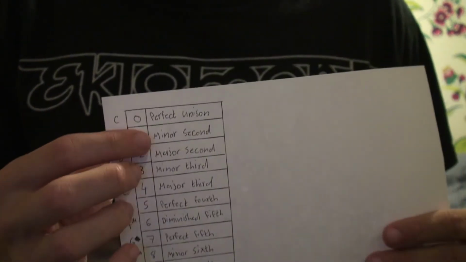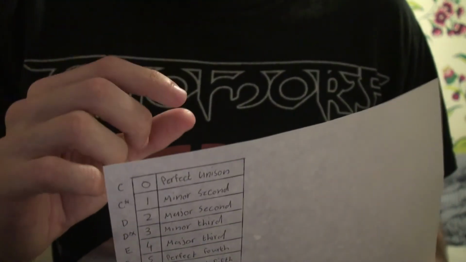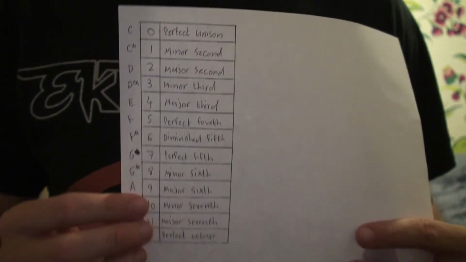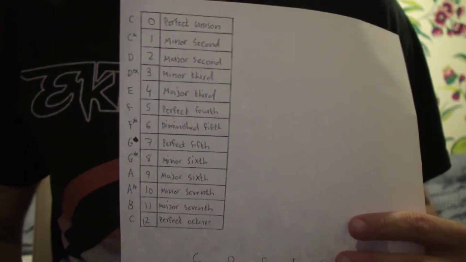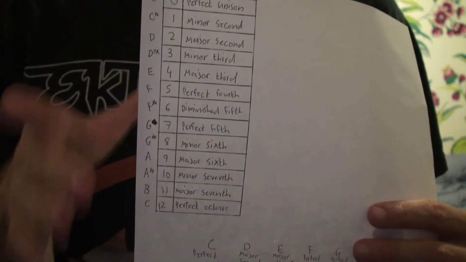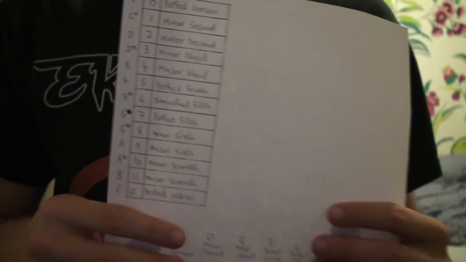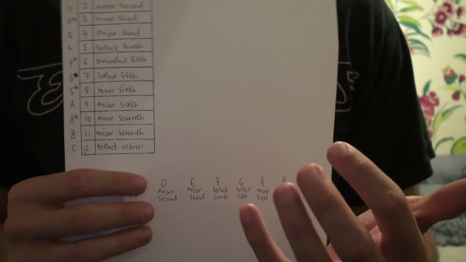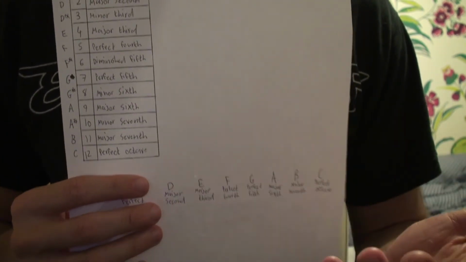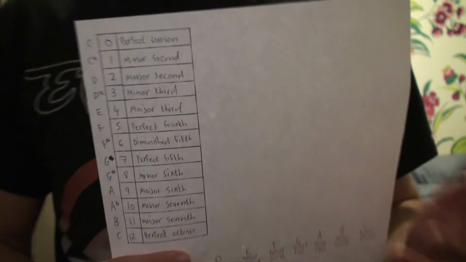A minor second, if you put two notes on top of each other, will sound really dark. A diminished fifth is another dark interval by nature. If you play a perfect fifth, which is what power chords are on a guitar, it sounds really consonant and harmonious, joyful and peaceful, because there's no tension.